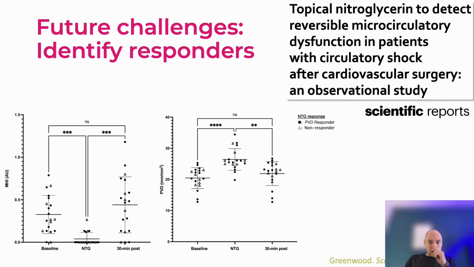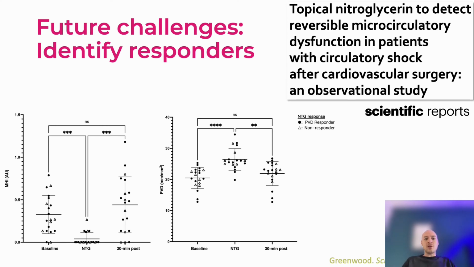Greenwood et al. applied topical sublingual nitroglycerin to detect reversible microcirculatory dysfunction. They assessed sublingual microcirculation with HVM before, immediately, and after application of nitroglycerin, and 30 minutes later.